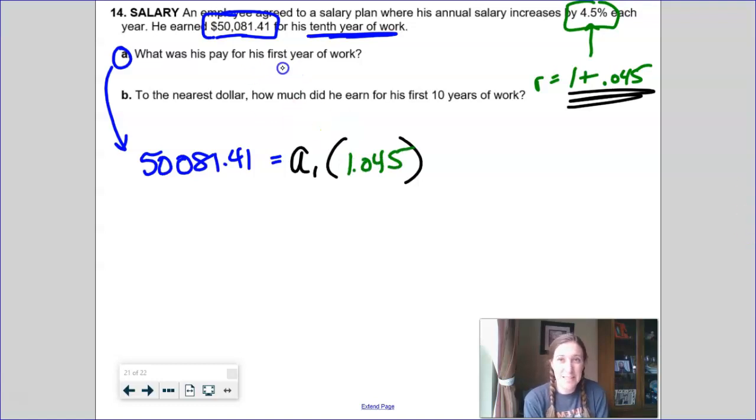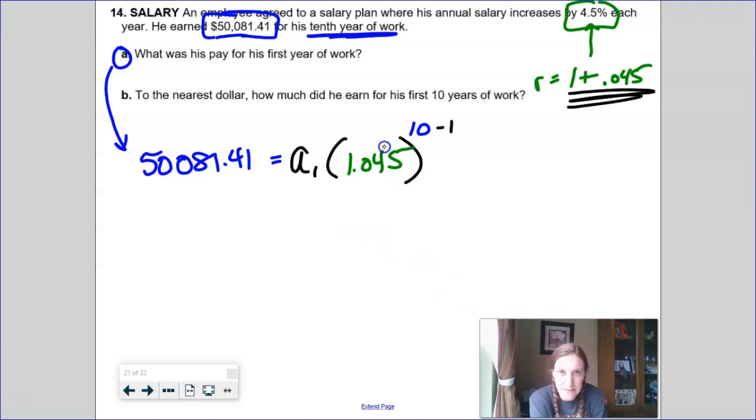And that was his 10th year of work, so up here this would be 10 minus 1. This is kind of hard to understand, but he didn't get 10 raises. He started off with pay, and then he got 9 raises. So that's why that exponent's really a 9. That is what confuses kids the most.